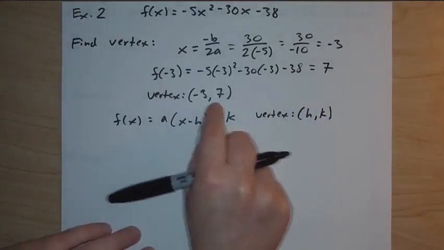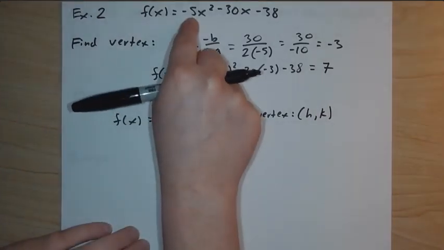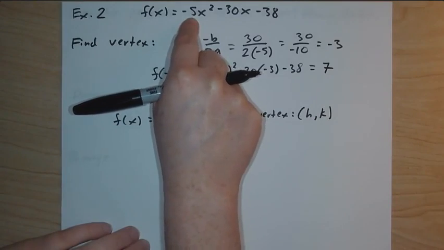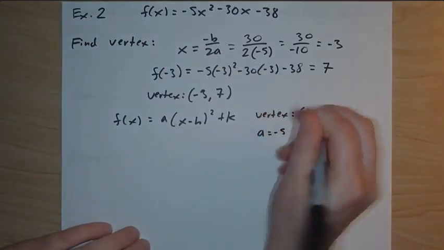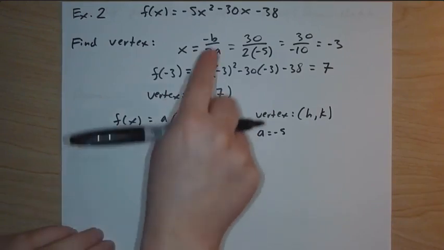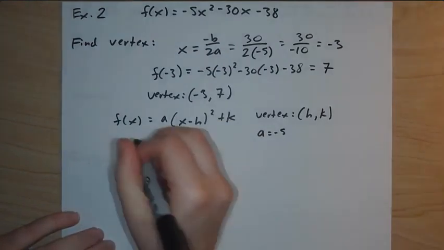So now that we know what the vertex is, and we actually know what our a is. Our a is our leading coefficient, which is negative 5. So we know that a is equal to negative 5, and we know that our vertex is this. We can rewrite our function up here in this shifted vertex form.